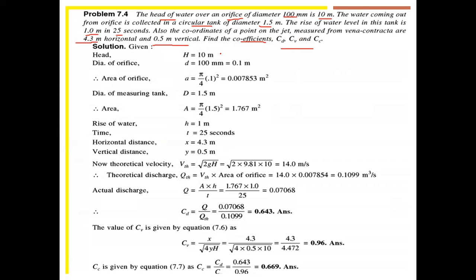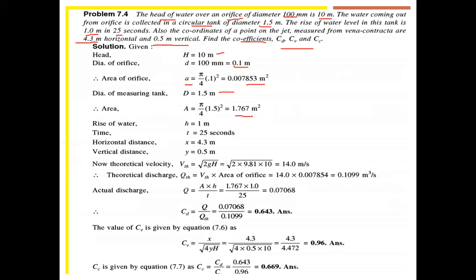Now, what is the head here? Head is equal to 10 meters. The diameter of the orifice is 0.1 meter, so find the area immediately. Area is equal to pi d square by 4. Then the diameter of the measuring tank is 1.5 meters; find the area, pi d square by 4, that is 1.7.